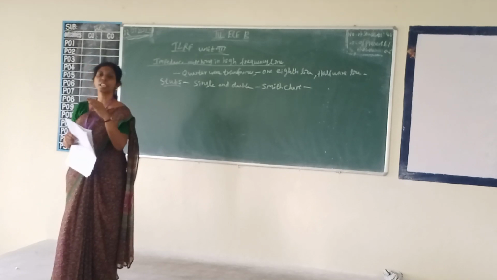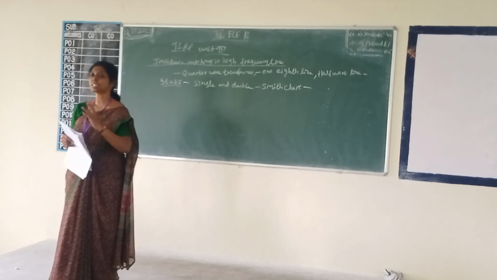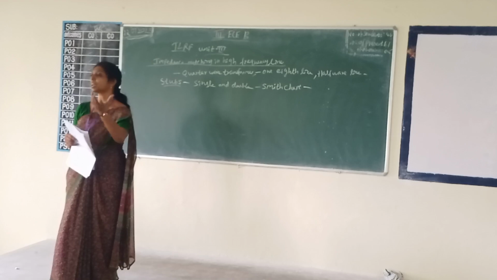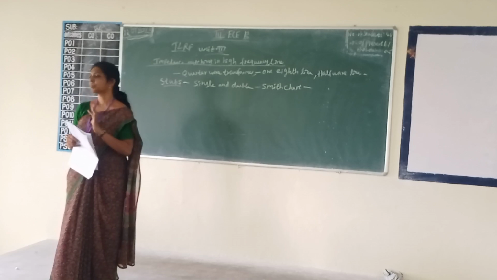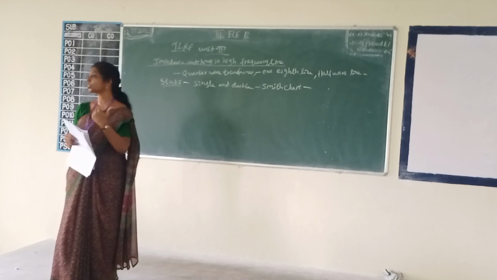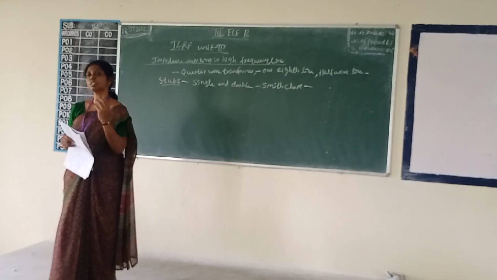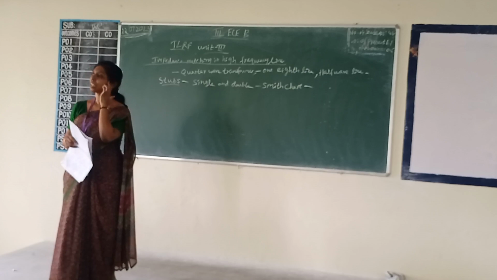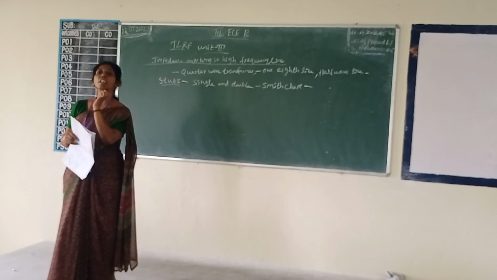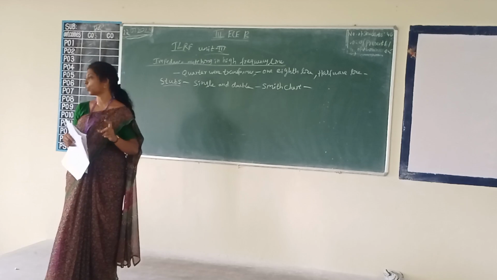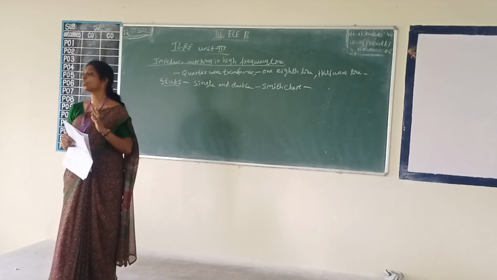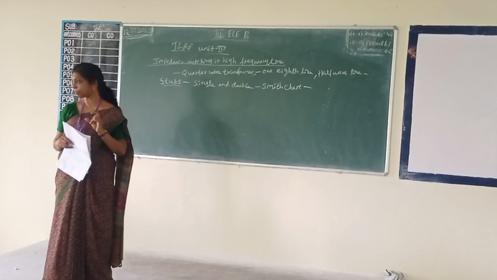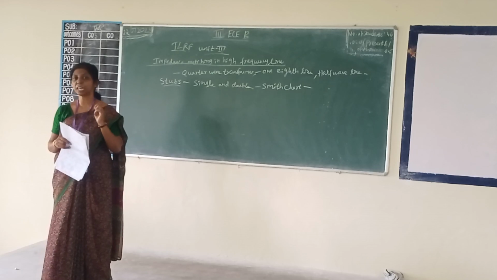Some people take questions only from the first part, other people take one question from that and another from the Smith chart. Now the 15th question can be from any unit, so you cannot say only 2 questions will come from this unit. Any unit can have 3 or 4 questions, so you have to be prepared for that.